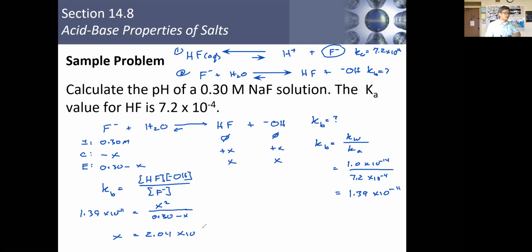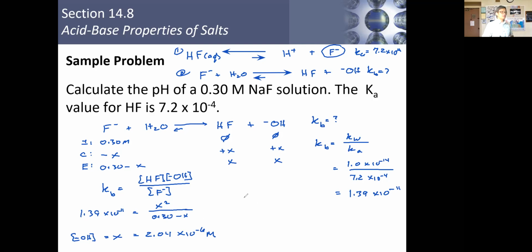That's the concentration of the hydroxide ion. If you divide that value of x by the initial concentration, you'll see the percentage is well below 5%. I think it's about 6.8 times 10 to the minus 4 percent, a very, very small percentage.